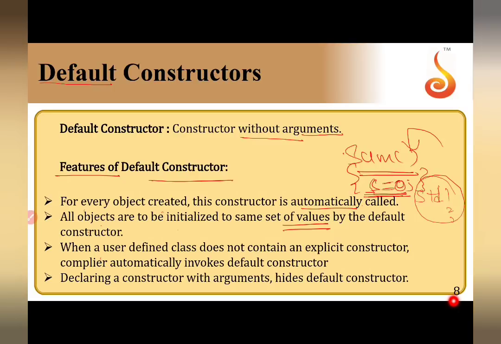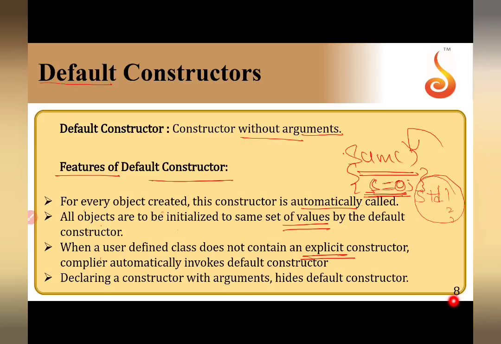When a user defined class does not contain a constructor, like if I don't write the constructor, the compiler will automatically invoke the default constructor whether you write it or not. But if you want to give initial values, you need to write it.